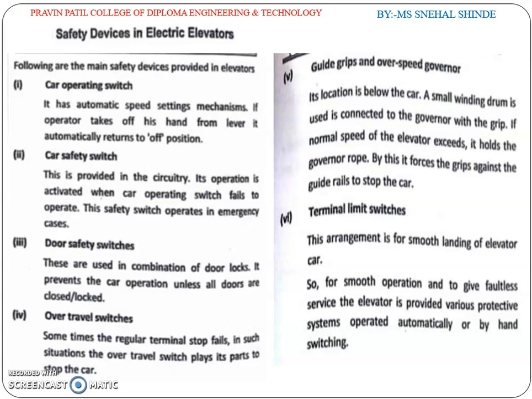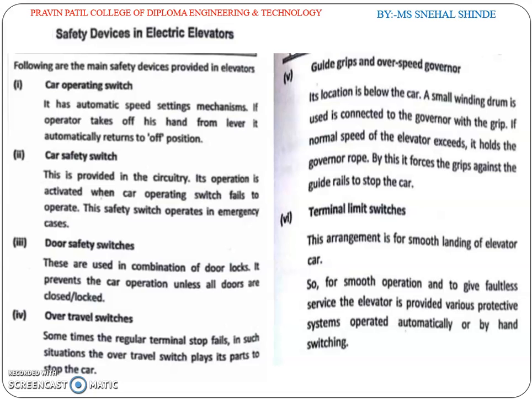Overspeed slowdown relay. Overspeeding of the elevator in either direction will cause the relay to operate and thus automatically retard the speed. Phase failure protective relay. The failure of any phase causes the relay to open the controller circuit and thus disconnect the motor from the supply lines.